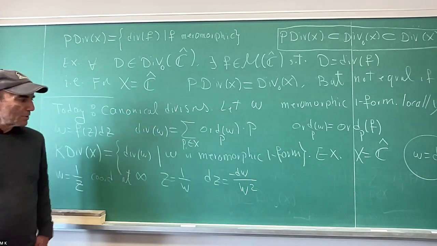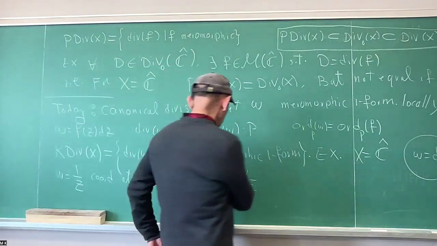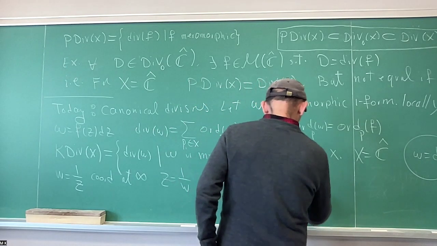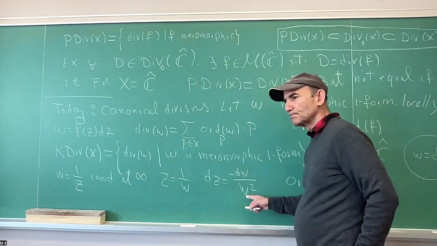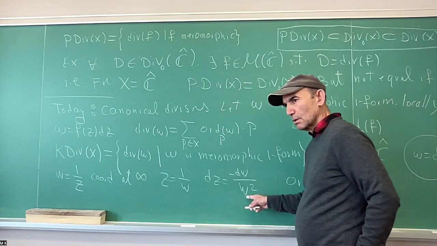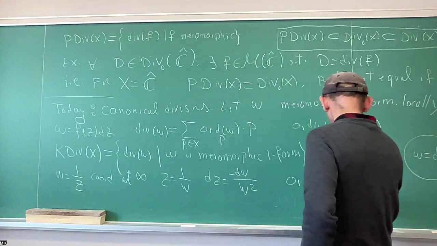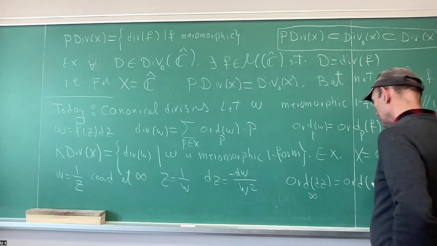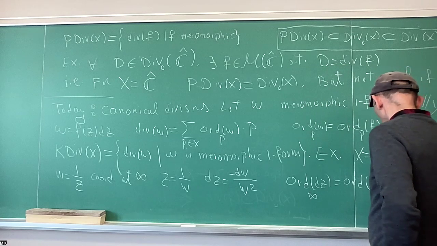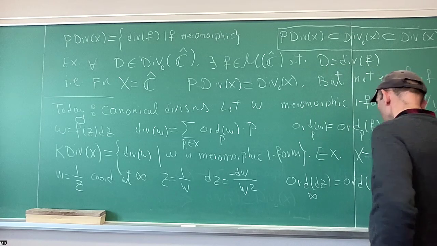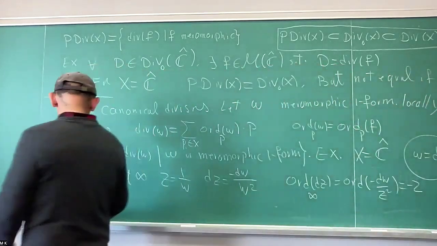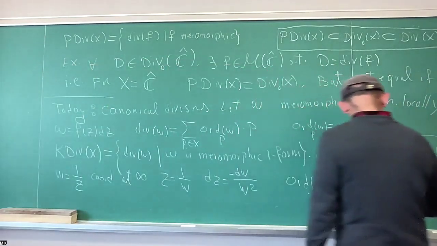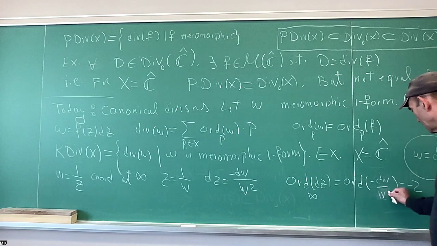This shows that the order of dz at infinity is equal to minus 2, because of the minus dw over w squared. Yes, this is over w squared, of course; we moved to 0.